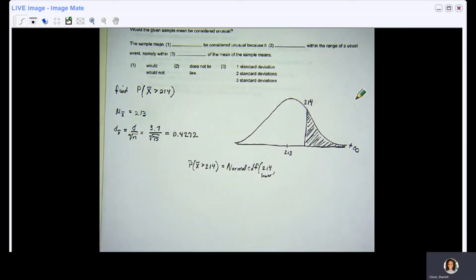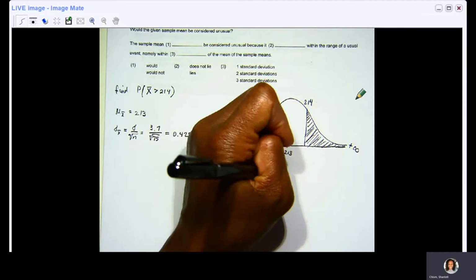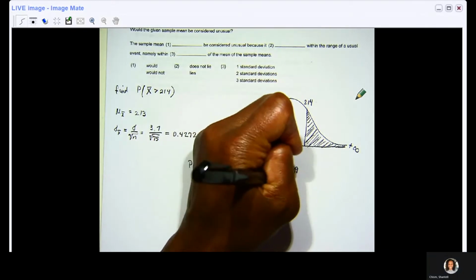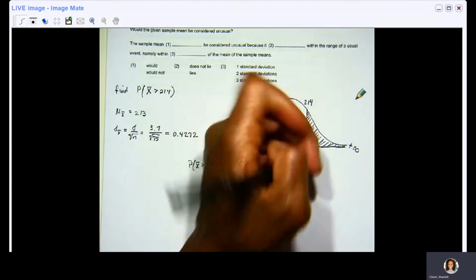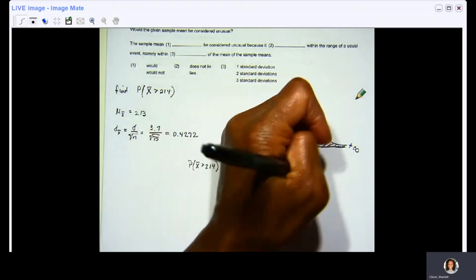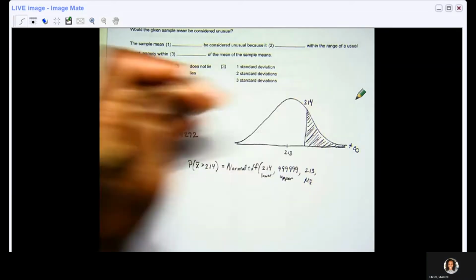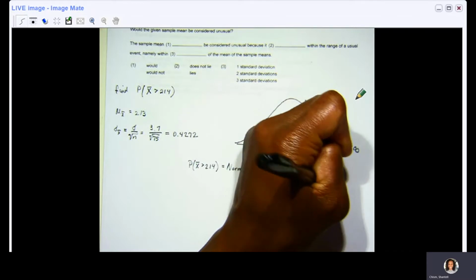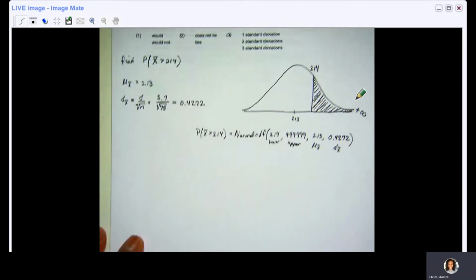My upper bound is the right side, which is positive infinity, so I'm going to just put positive 99999. It's positive, so I do not use a negative there. And then my mu sub x is 213. My sigma sub x is 0.4272.